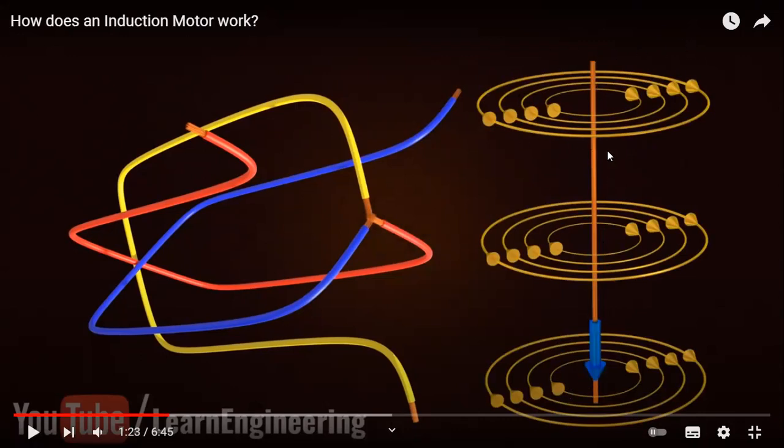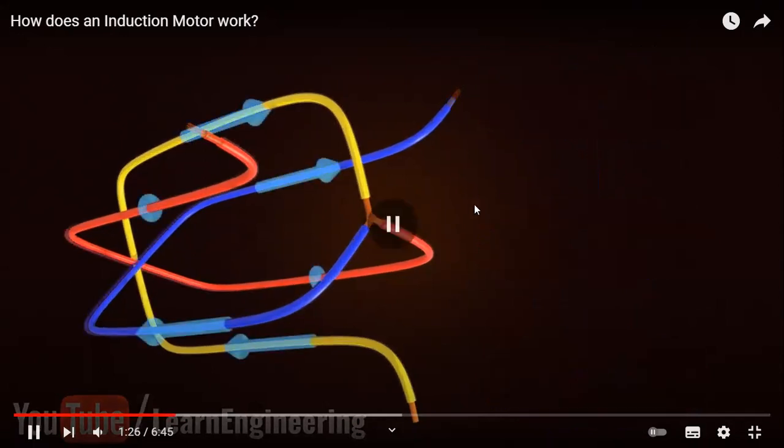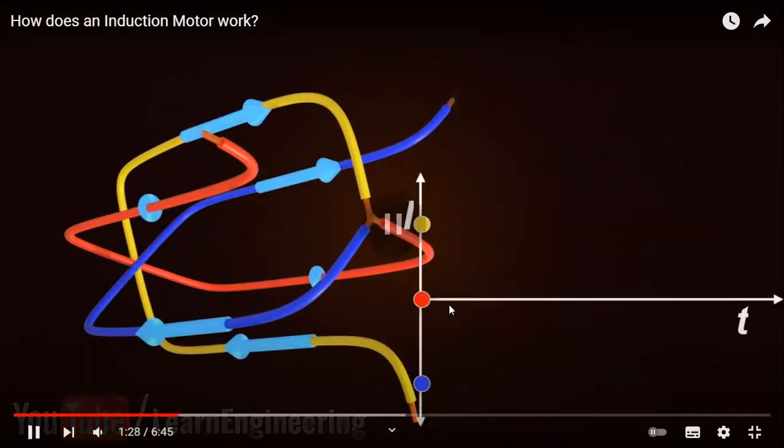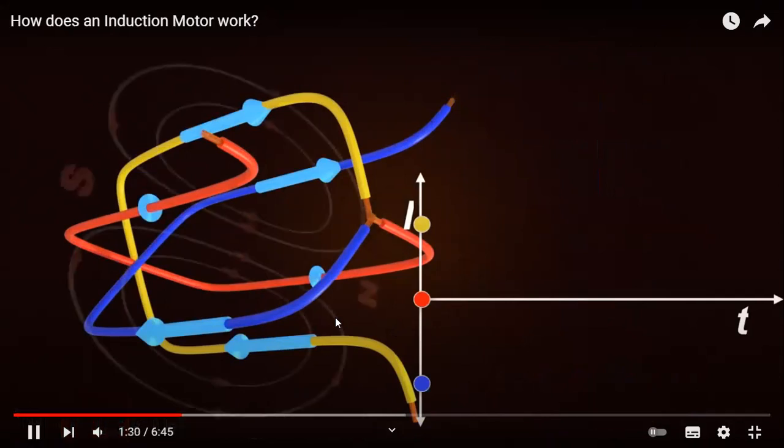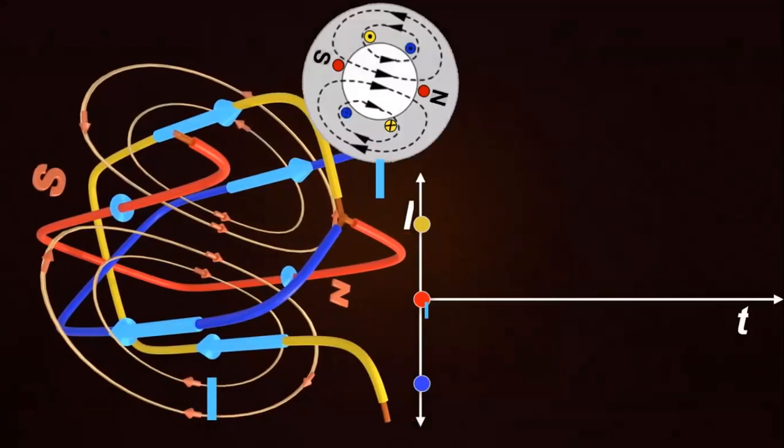A magnetic field is created. So when a three-phase supply is passing through this special arrangement, the magnetic field is produced as shown.